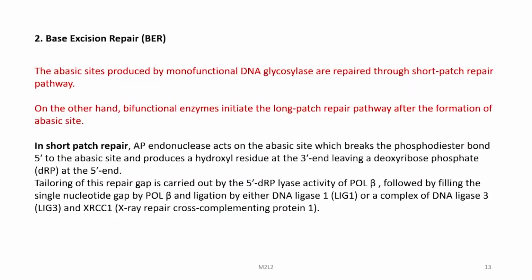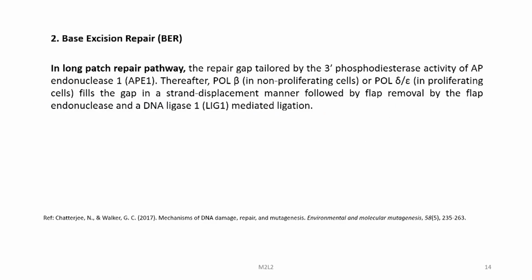Tailoring of this repair gap is carried out by the 5' dRP lyase activity of Pol beta, followed by filling the single nucleotide gap by Pol beta and ligation by either DNA ligase 1, Lig1, or a complex of DNA ligase 3, Lig3, and XRCC1, which is X-ray repair cross complementing protein 1. In the long patch repair pathway, the repair gap is tailored by the 3' phosphodiesterase activity of AP endonuclease 1.